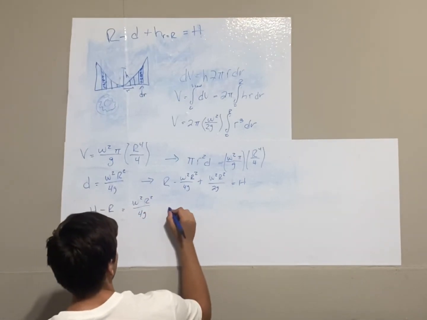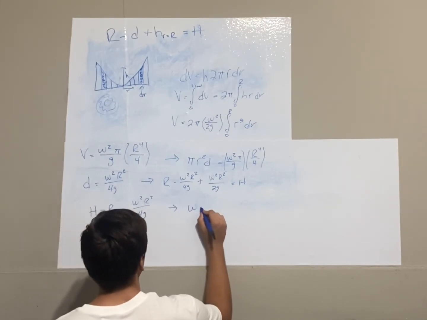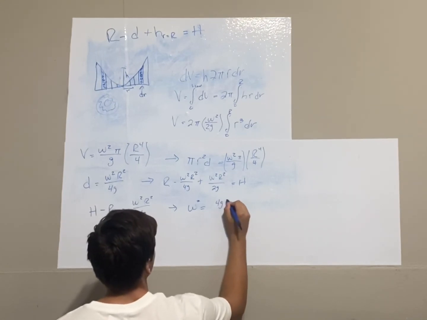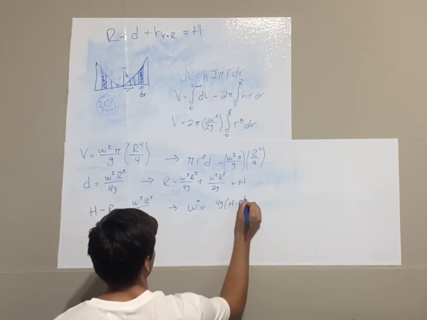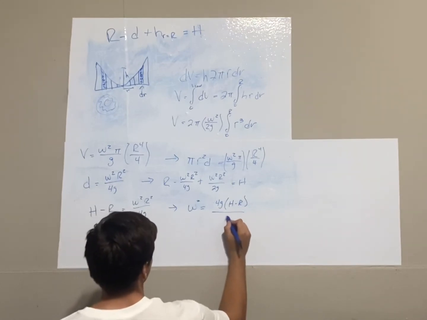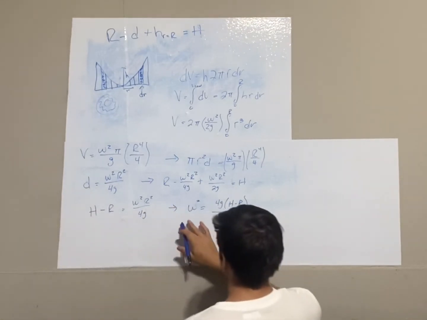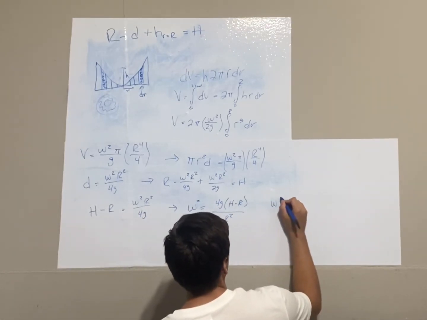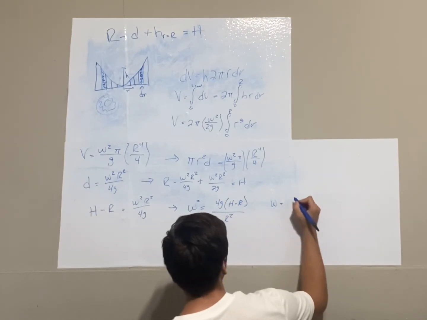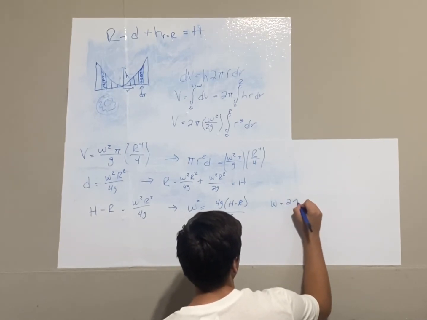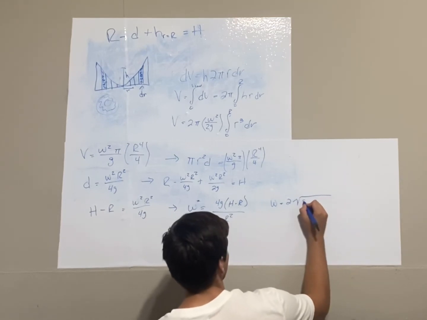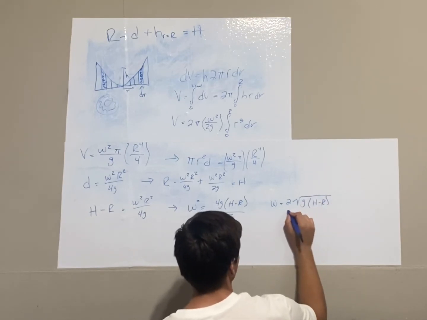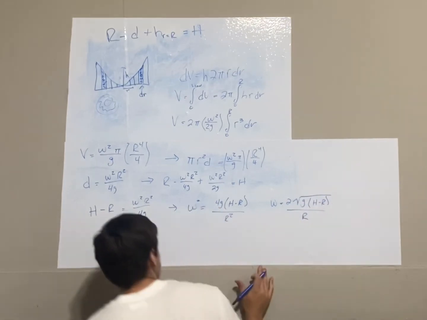From here, we get omega squared is equal to 4g times H minus R all over R squared. And then when we take the square root, we get omega is equal to 2 times the square root of g times H minus R, all of that over big R.